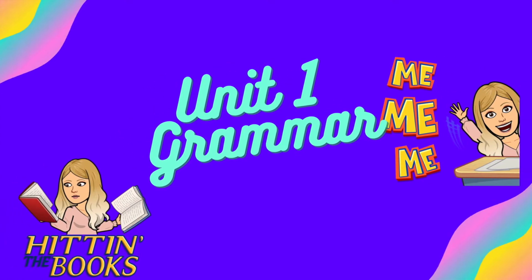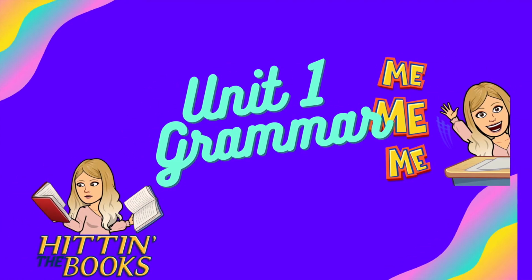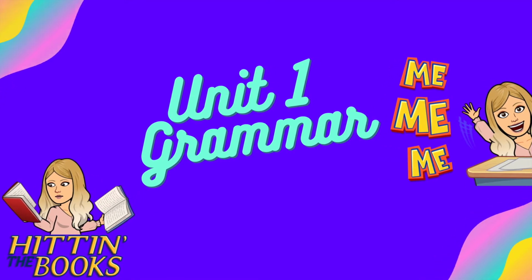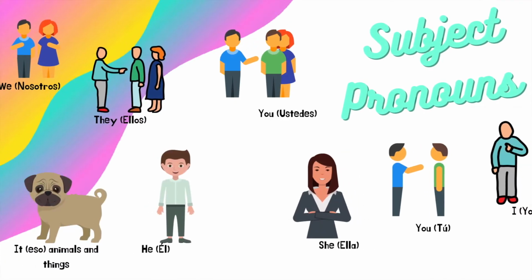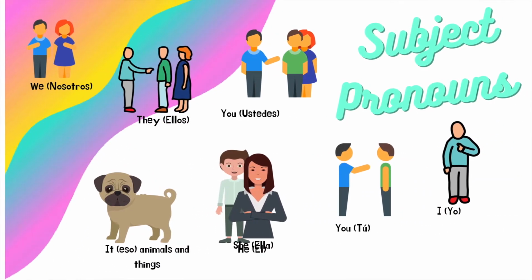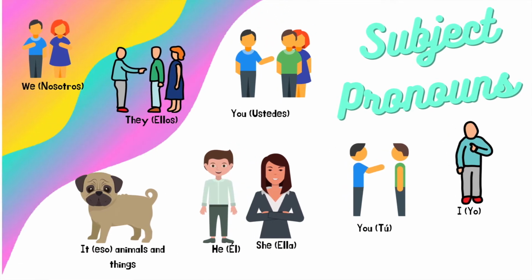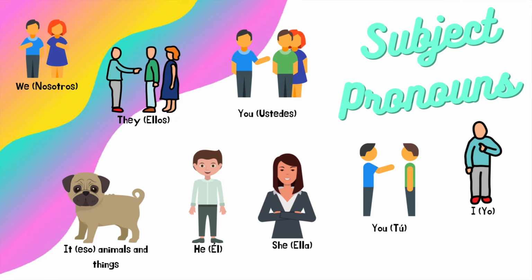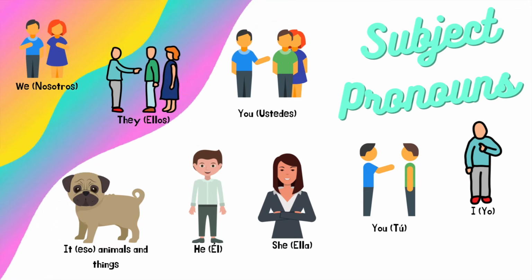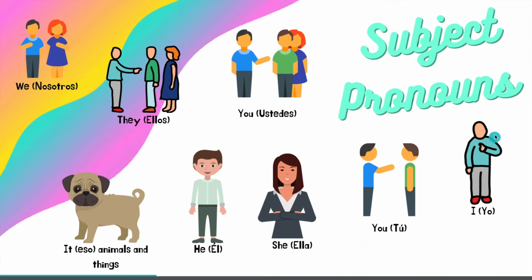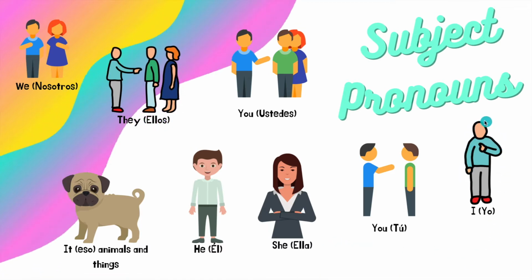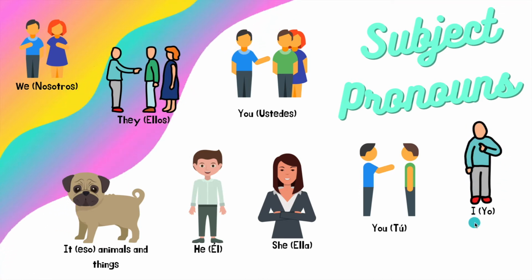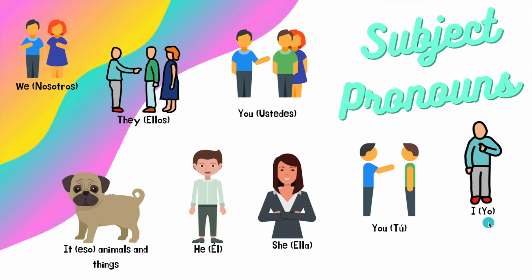So now let's focus on grammar, okay? This is the grammar of unit number 1. In unit number 1, we learned how to work with something that is called subject pronouns. Here in this presentation, I have some pictures to represent which subject pronouns each word. I am going to start with this person over here that is pointing to itself, and here says I. And here I put the word in Spanish.